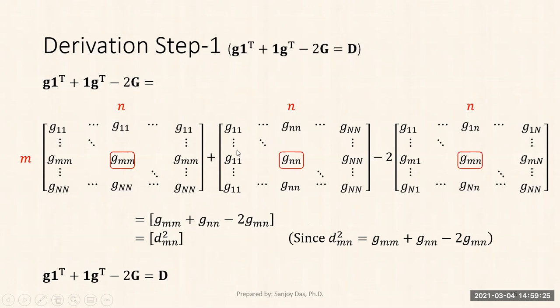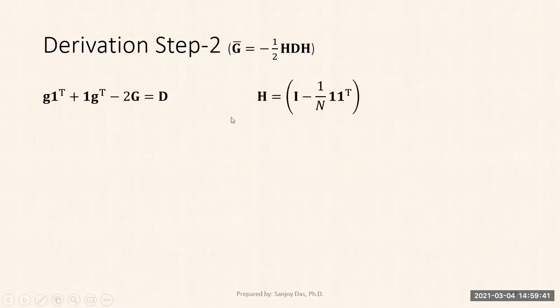Now let's move on to the next step of the derivation, which will be to establish the first step of MDS. So let's remember this expression because we'll use it in the next step. This is what we will prove now: that G equals negative half HDH.